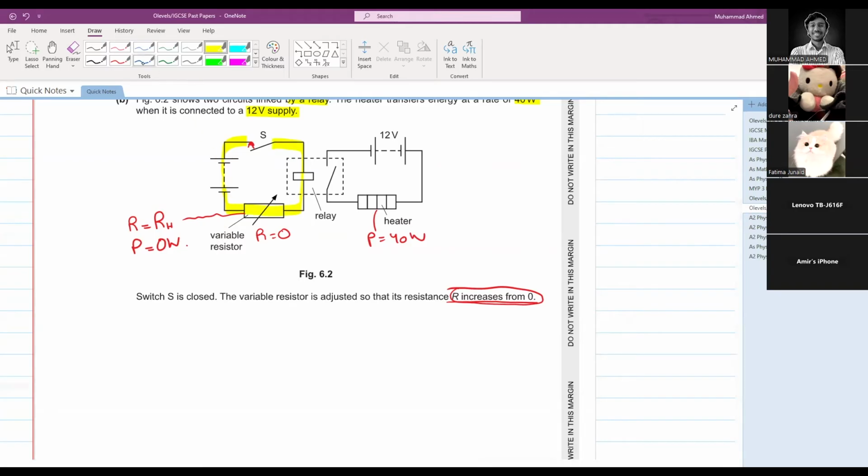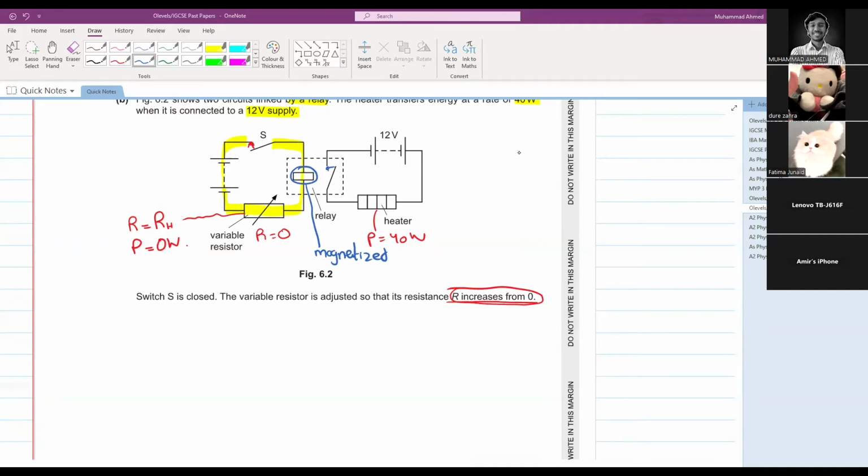If there is a large amount of current flowing in this circuit, this would have magnetized. And if this would have magnetized, the relay switch would have closed.